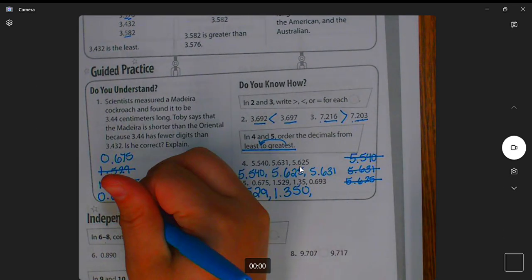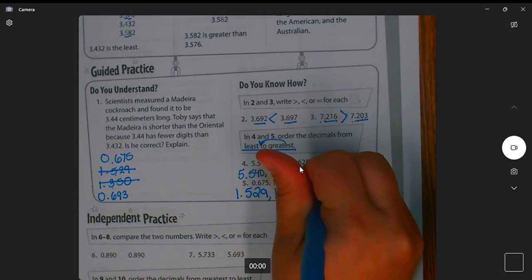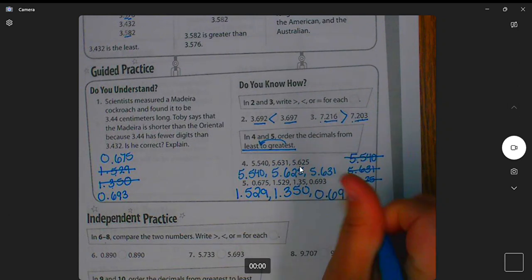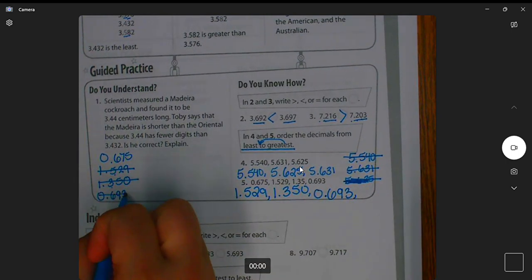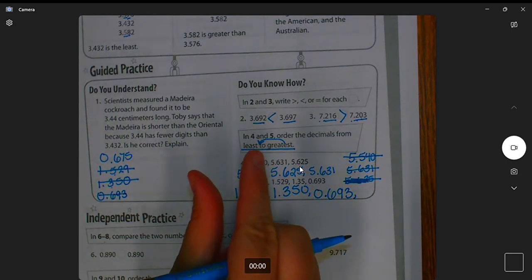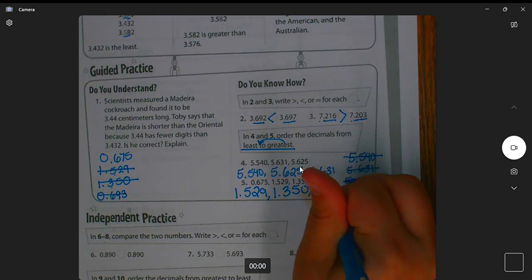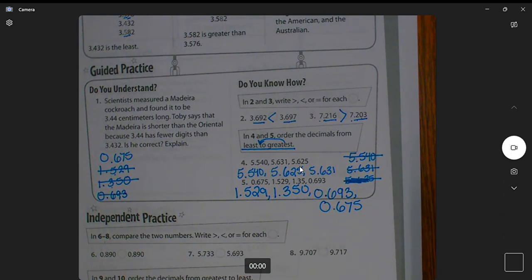The 9 or the 7? Right, the 9. So 693 thousandths is the next biggest. So what is my least? What is the smallest number? Right, 675 thousandths. And that is really all there is to this skill.